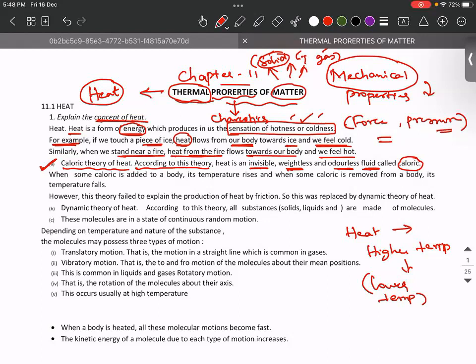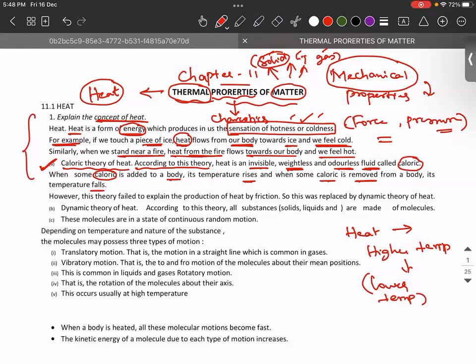So when some caloric, that is heat, is added to a body, its temperature rises, and when some caloric is removed, that is heat is removed from an object, its temperature is going to fall, right? So this is all about the concept of heat, right?